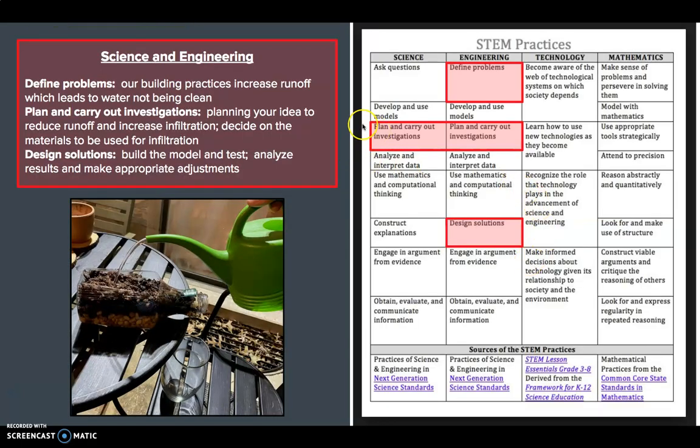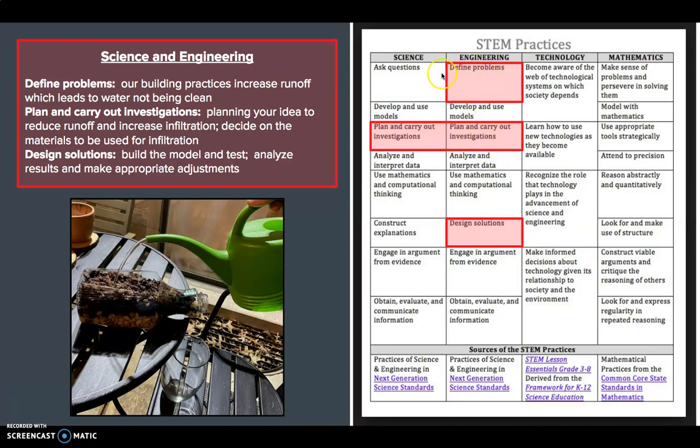So then if you compare this to the STEM practices, I said for science, it's just planning and carrying out investigations. We're the ones who had to plan it and then actually test it to see if it worked or not. I also said that with engineering, because with the plan and the science knowledge, we had to actually develop a solution and build and test the solution.